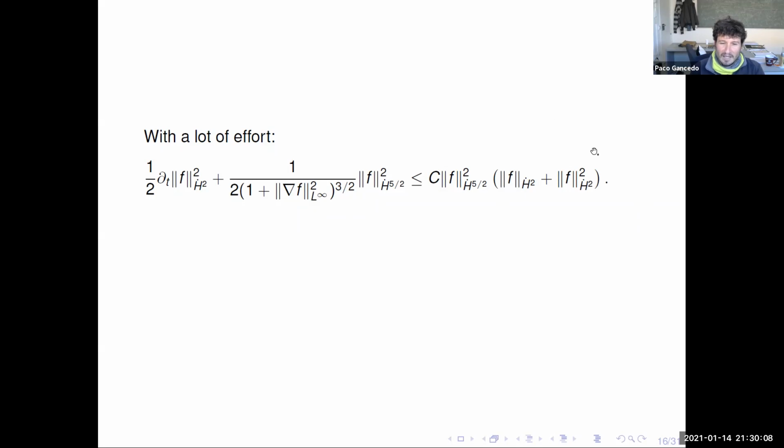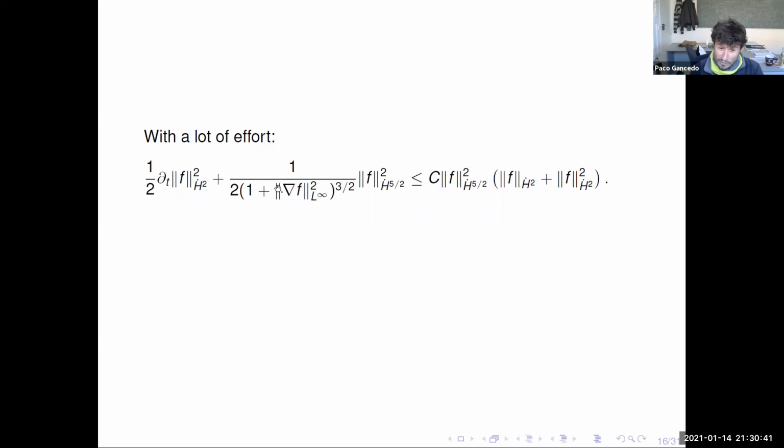Then I have somehow dissipation. We get somehow dissipation in this inequality, but depending on the slope. We have L infinity here. And what we really would like to have is this thing small. This is the nonlinearity. This H^2 norm is small, so that we can absorb this term that tells us how this H^2 norm can grow, with the dissipation.